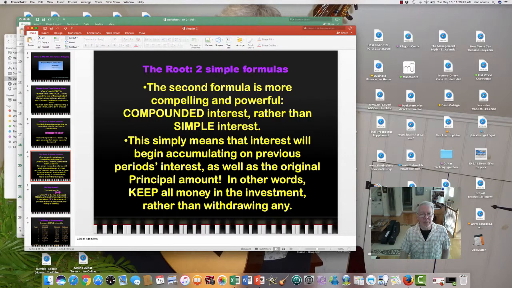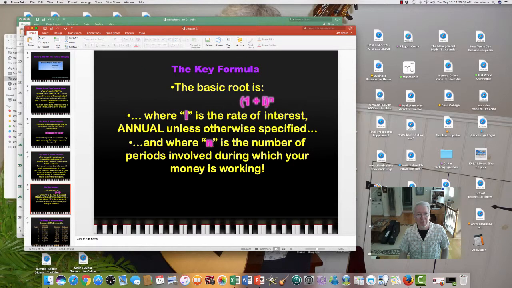So when we invest money, ladies and gentlemen, we're going to keep all our money in there, working for us, and it's going to gain traction and get bigger and bigger and bigger. Okay? Why? Because of that little n that you see up there. Whenever you take something multiplied by itself over and over again, it's going to get bigger. You can't help it. It's like watching a monster grow in an old science fiction movie from the 60s. Boy, am I dating myself there.